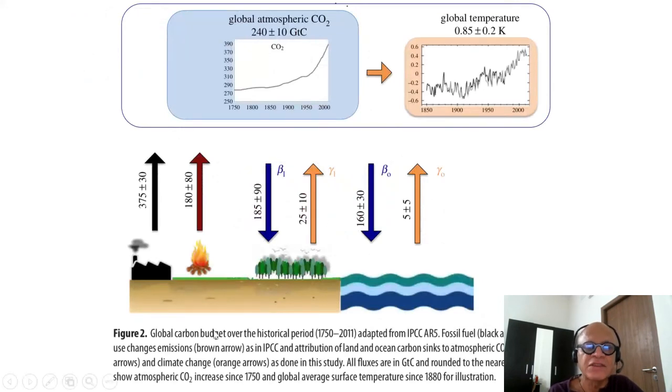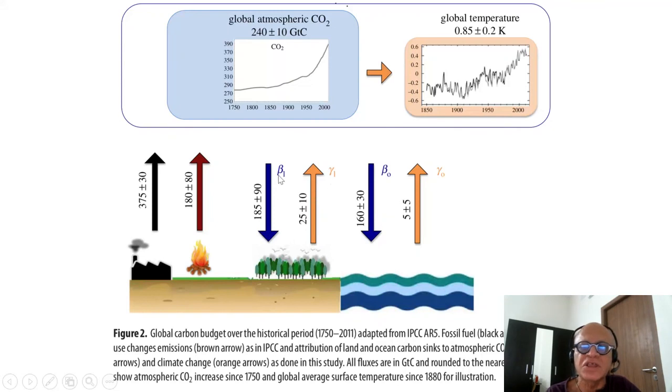Having done all that, looking at the global carbon budget over the historical period, adapted from the IPCC report from 2014, you can look at fossil fuel emissions with some uncertainty. This is land use changes here, wildfires, ocean uptake, and this is essentially talking about the temperature feedback.